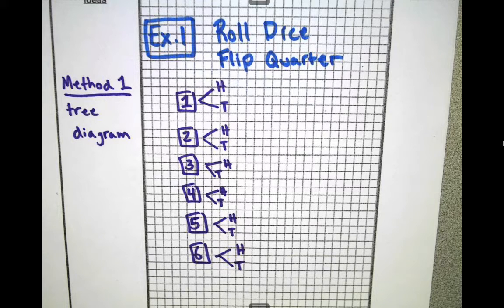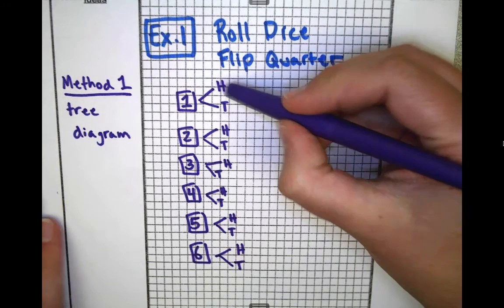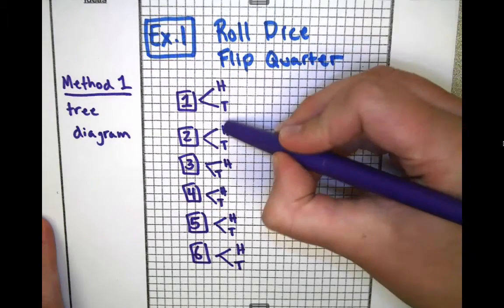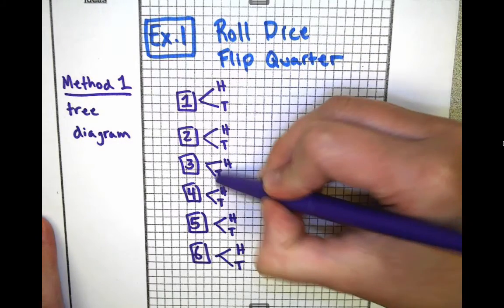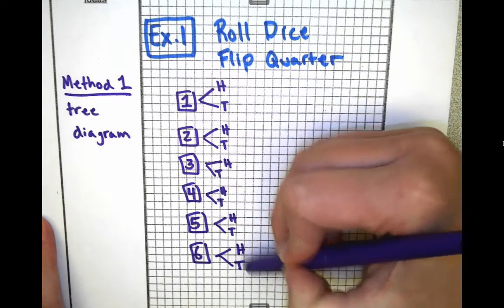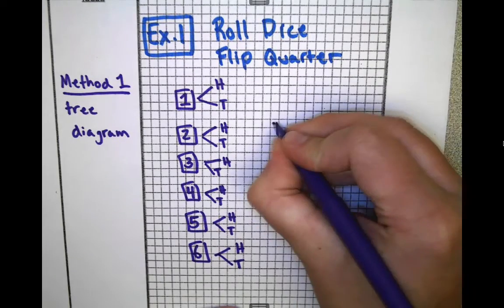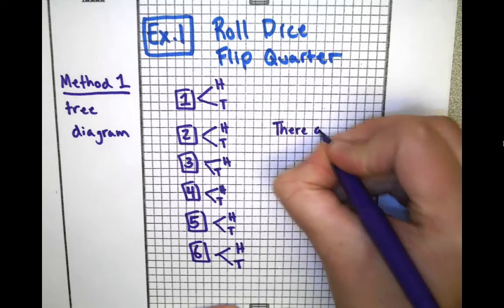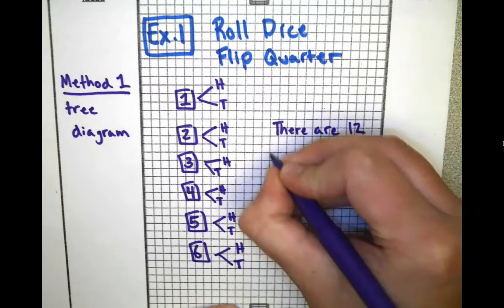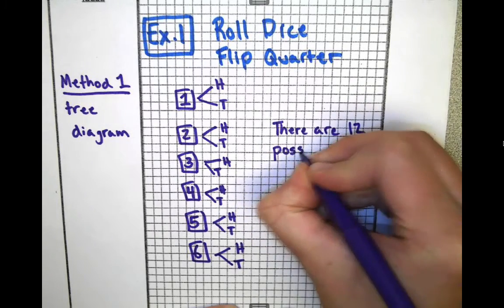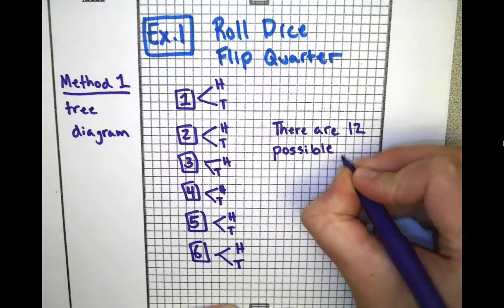Well, I could get 1, 2, 3, 4, 5, 6, 7, 8, 9, 10, 11, 12. There are 12 possible outcomes. So we're going to write that. There are 12 possible outcomes.